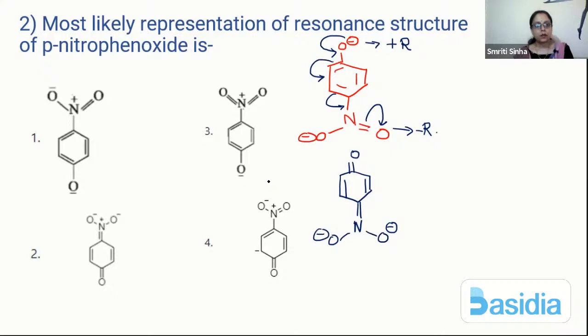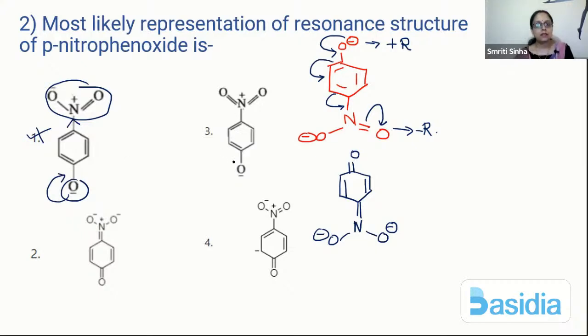Another thing to remember here is this is the normal para-nitrophenol. Obviously this phenoxide cannot be the most likely representation, because in this way the O negative is also not stable and nitro is also not stable, because O negative has the tendency to push the electron and this has the tendency to pull.